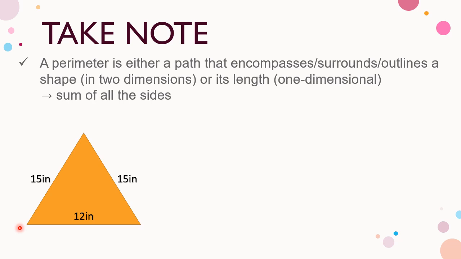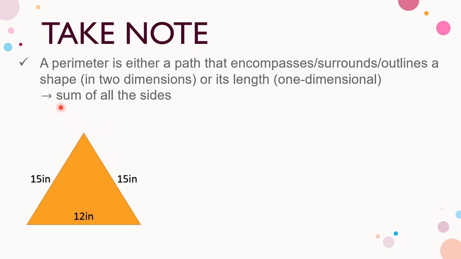But if you think of it, what if we are dealing with longer dimensions, like for example 100 meters and so on? It would be difficult for us to provide some thread or yarn to measure or trace the outline of the given figure.